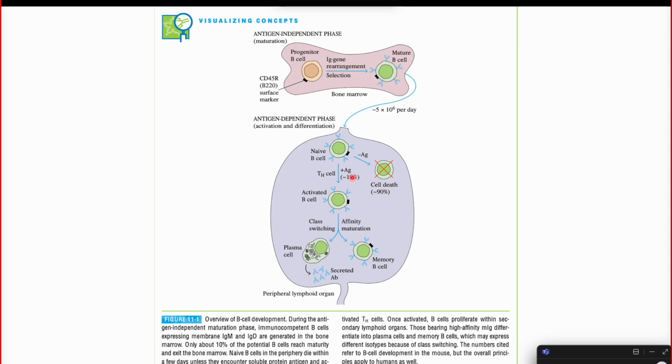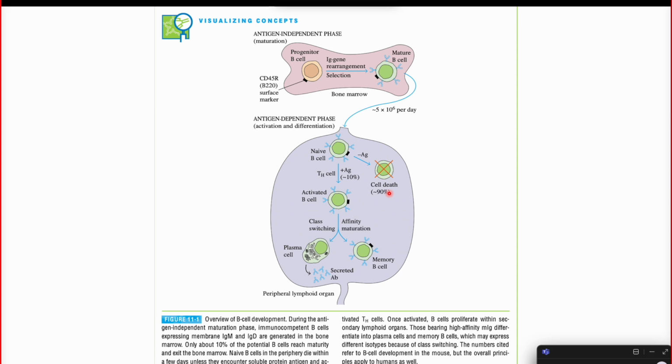Here, if it is not able to recognize or find any antigen, it will be cleared from the system by apoptosis, because the receptor on the B cell is of no use. There is no antigen for it.